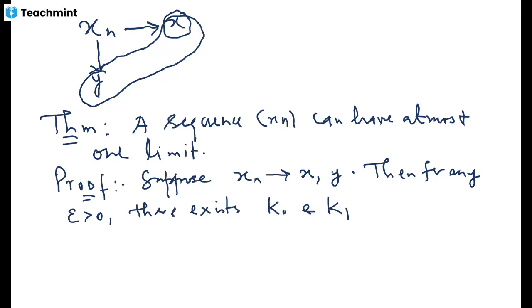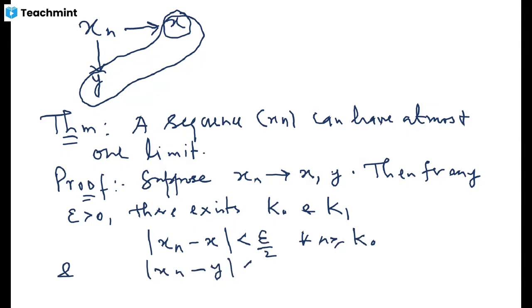So when it converges to x, I can find a number k naught for which the distance of the terms of the sequence from x becomes less than epsilon by 2 for every n greater than or equal to k naught, and when it converges to y, then the distance of the terms after a certain stage from y becomes less than epsilon by 2 for every n greater than or equal to k1.